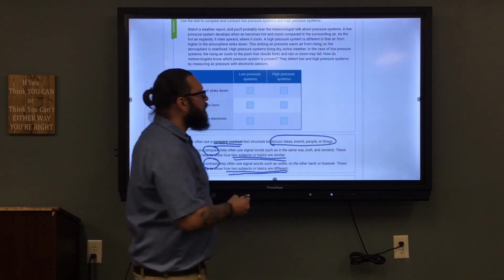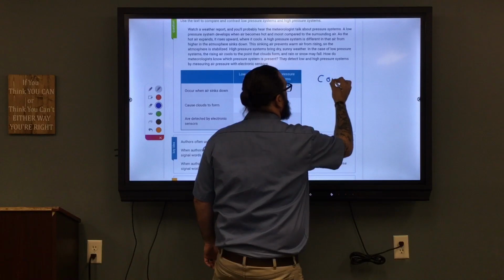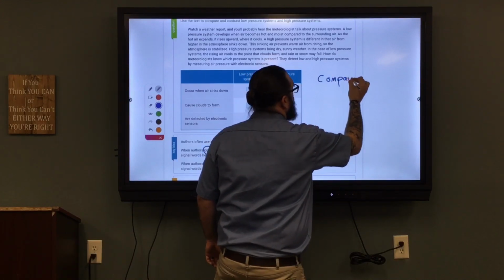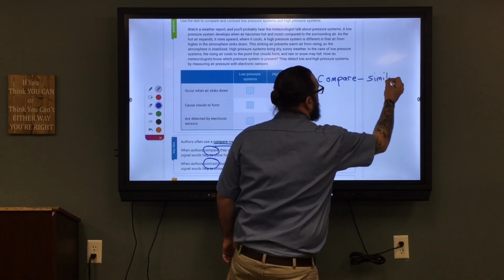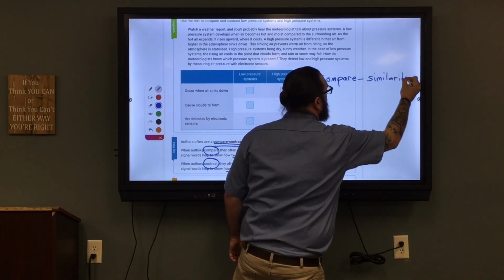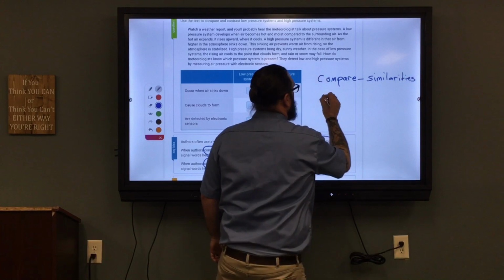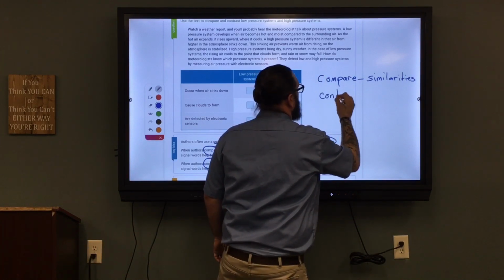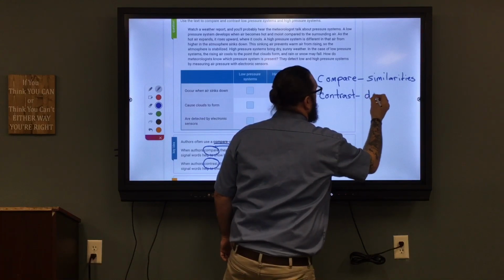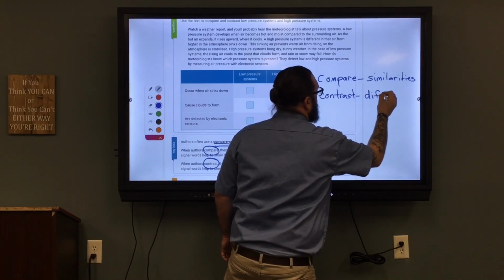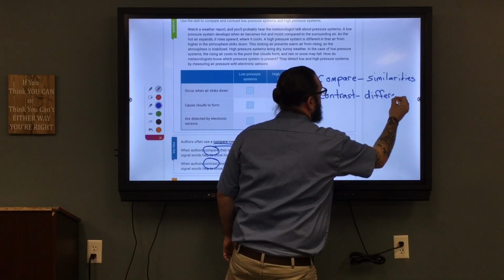So when comparing, as I said, we are looking at similarities. When an author contrasts, they are outlining the differences.